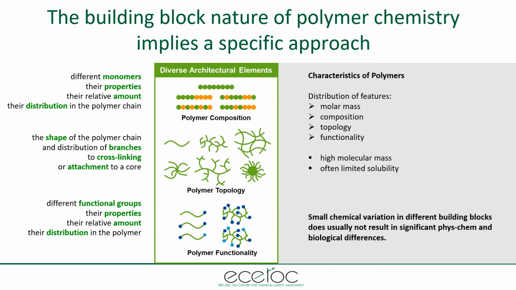And what many polymers and many functional polymers in particular have in common is a high molecular mass and often limited solubility. Taking all this into account, we can consider that small chemical variation in different building blocks usually do not result in significant phys-chem and biological differences.